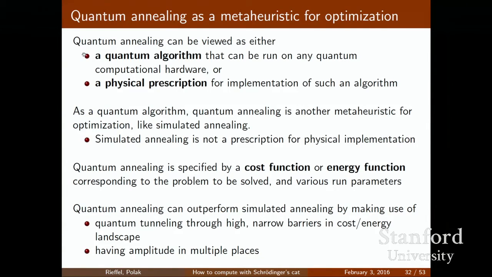Quantum annealing, like other meta-heuristics, is specified by a cost function or an energy function for the particular problem you want to solve, plus a bunch of parameters that tell you how you want to run that particular algorithm to try to solve it. And you have these heuristics for how these sorts of problems might solve better with these particular parameters. The intuition here is that quantum annealing can outperform, for example, simulated annealing by making use of quantum tunneling, and also having this ability to have amplitude in multiple places.